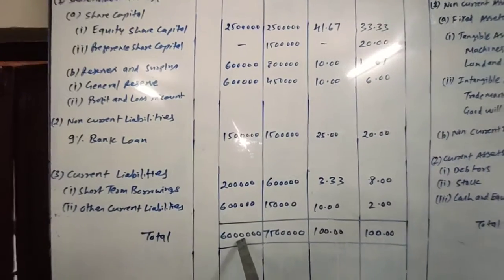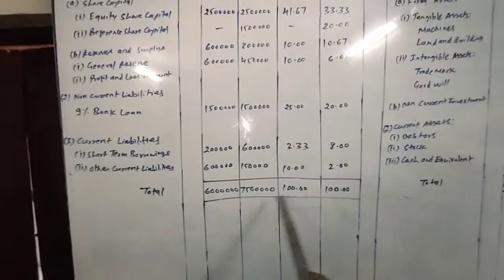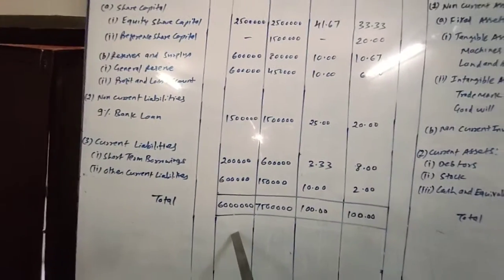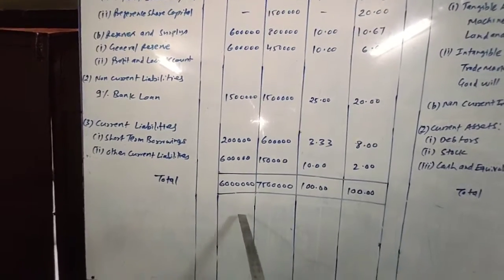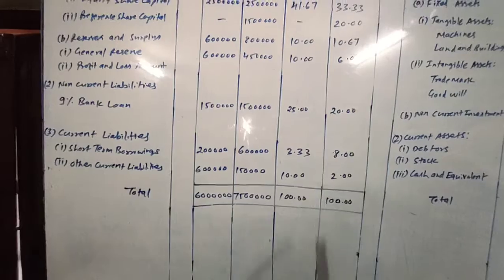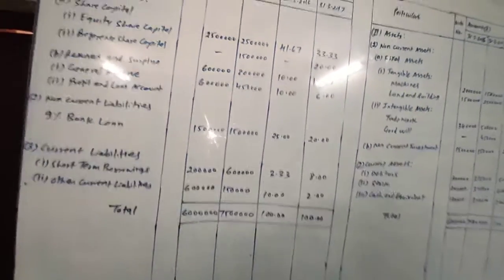So we will take this as a base, so it will be 100% in both the years. 60 lakh is 100% for the year ending on 31/3/2016, and for the year 2017 75 lakh is the 100%, and the remaining percentages we will find proportionately.